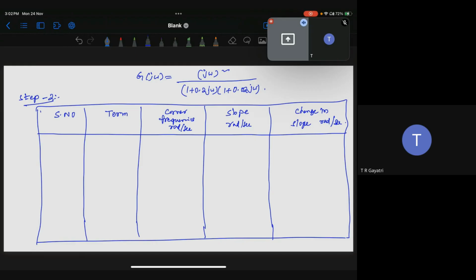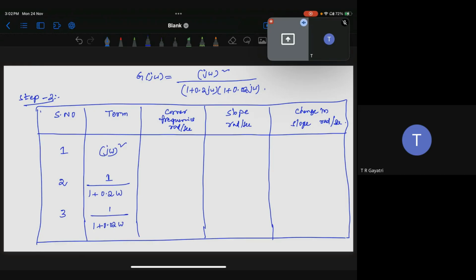Now you can check the transfer function. We have a total of 3 terms. The terms are (jω)², then 1 by 1 plus 0.2ω, and 1 by 1 plus 0.02ω. So we'll find the corner frequencies.